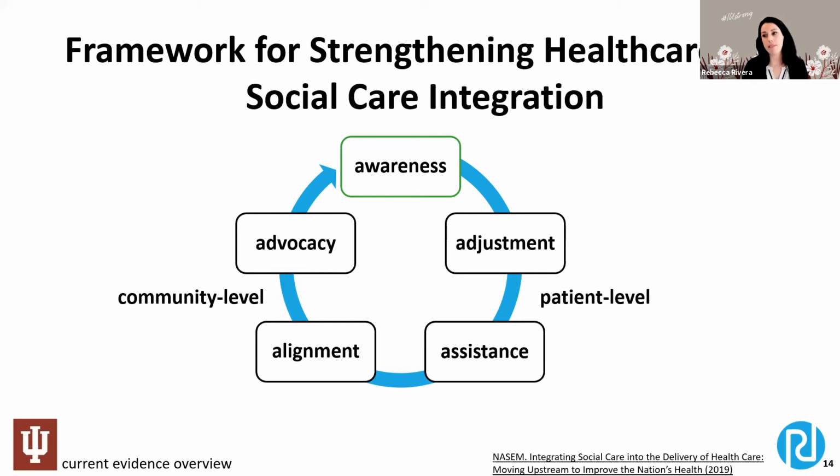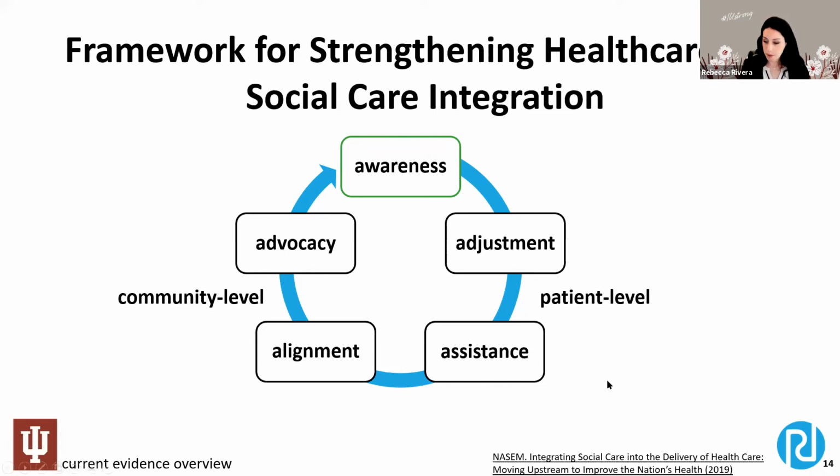And then of course we have advocacy as the last piece, after we go through these other domains, for the community organizations and the healthcare organizations to work together to create and implement policies that support the activities in all of these domains.